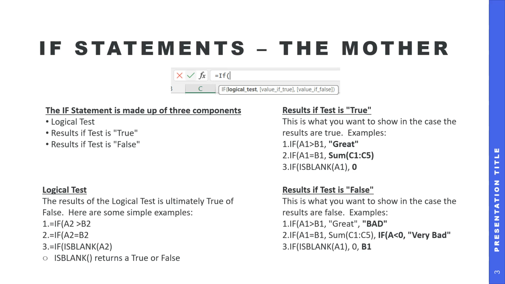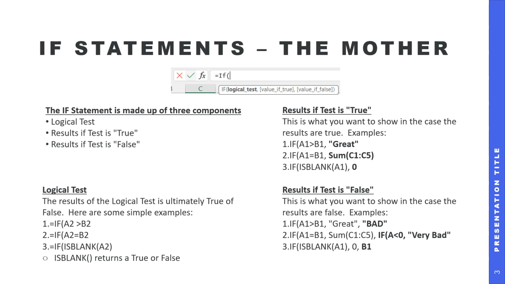The logical test ultimately is going to be true or false. Some examples include if one number is greater than another, you can always flip that. If one number is less than another, that's also acceptable. If one number or value is greater than or equal to a value, and if A2 is blank. ISBLANK always returns a true or false.